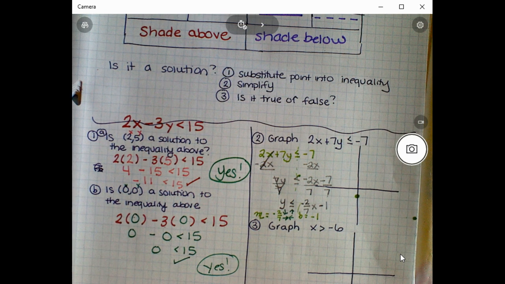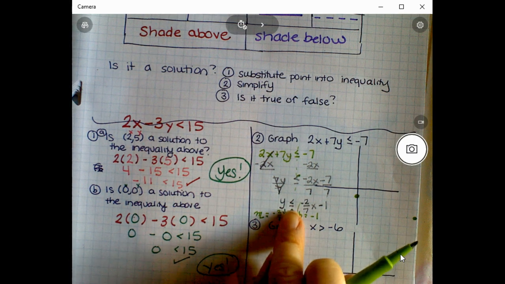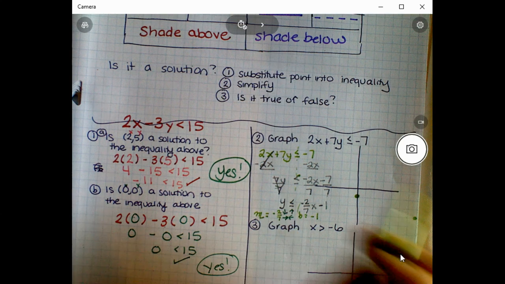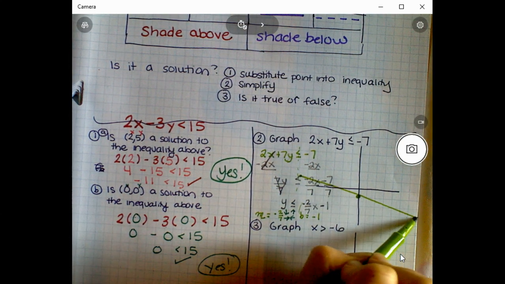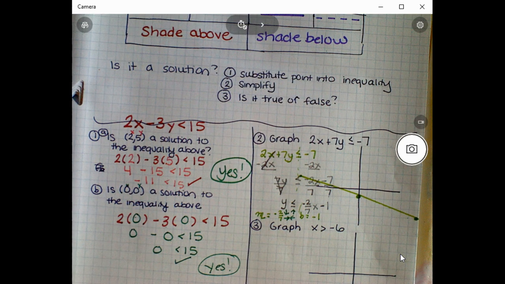Next, we need to decide, will this be a dotted line or a solid line? Well, we look at the inequality sign. It says less than or equal to. Since it says less than or equal to, we're going to make a solid line. And the last thing that we need to do is decide, where do we shade? Do we shade above or below?